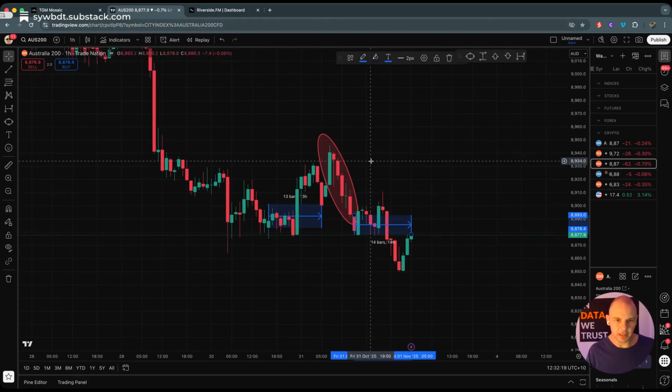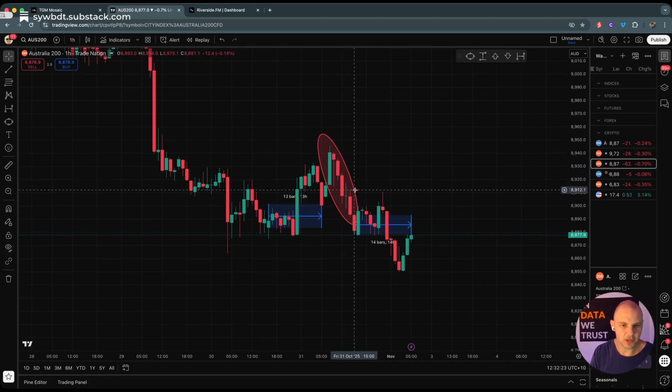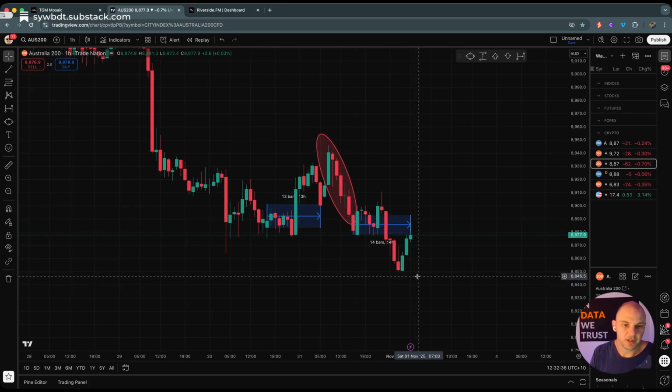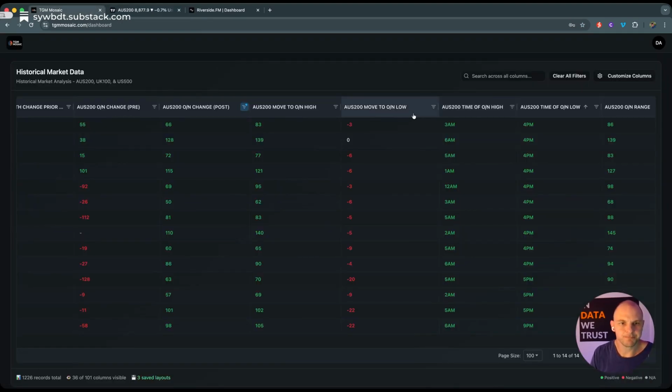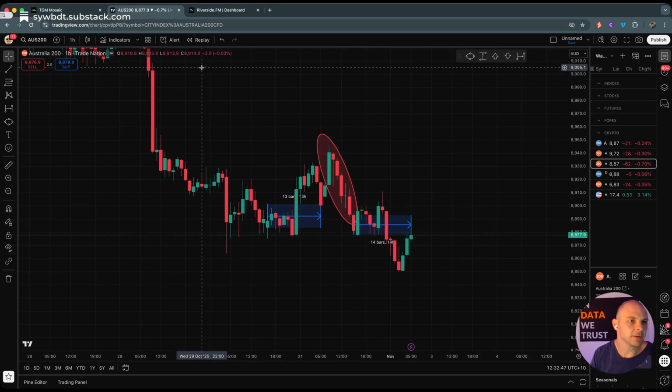The low, again, if you were looking at Friday, 31st of October, the closing price was 8893 when the market actually closed. The low was 8850. 93 to 50 is 43. So the points move to low here would say negative 43, and the time would be 2 a.m. Okay.